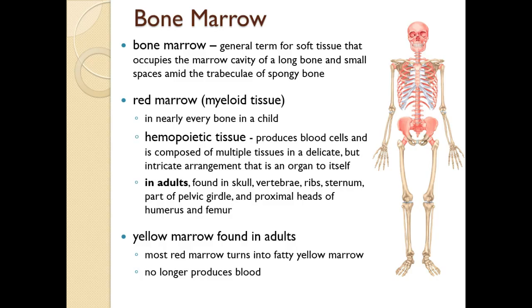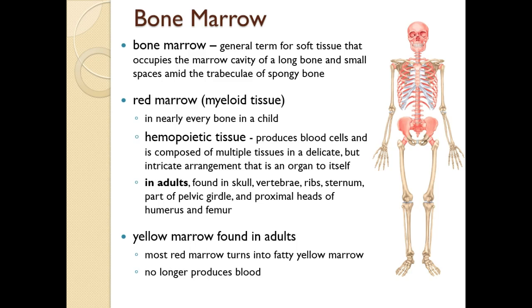Okay, a few things about bone marrow. Bone marrow is the term for the soft tissue that occupies the marrow cavity. And you all have seen bone marrow, right? You break a chicken bone, that stuff on the inside. That is where red blood cells are actually made, in youth, that is. So it occupies the marrow cavity of long bones, and bone marrow also occupies the spaces among the trabecula, the spongy bone.